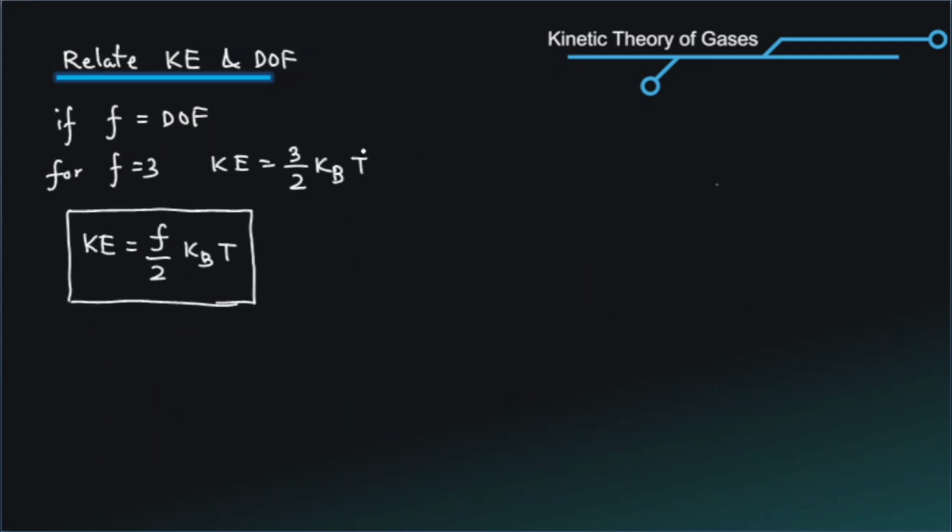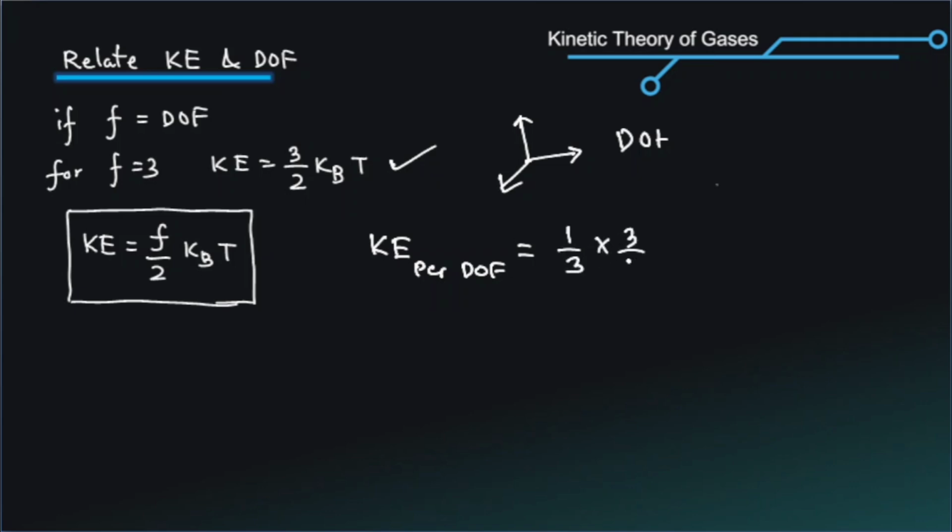Now you obtained this kinetic energy equals 3 by 2 kBT for motion of a particle in 3 dimensions, for degrees of freedom being 3. So for 1 degree of freedom, how much can we say it is? So KE per degree of freedom is equal to 1 by 3 into 3 by 2 kBT, that is kBT by 2.